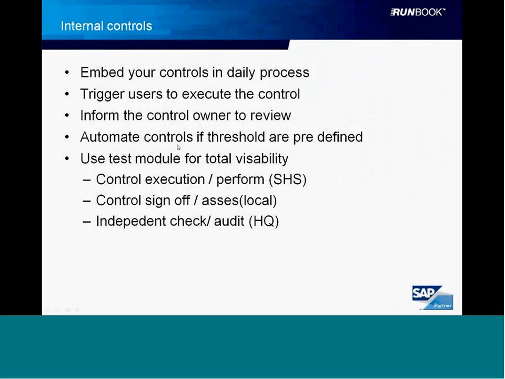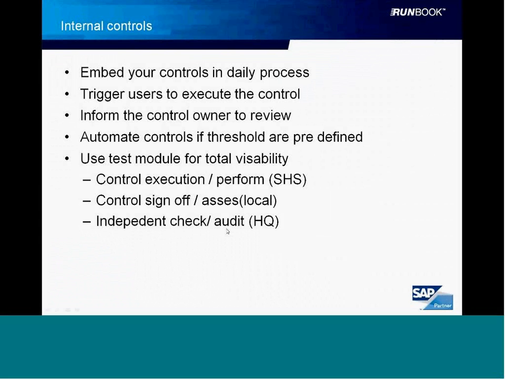Of course, if possible, we will automate the control. So basically you eliminate the first part where people are running reports, doing interpretation and either sign off or not sign off, depending on the control results. And we can potentially also automate the process. And at the end we will use the test module for, let's say, out of headquarters to do the full audit.